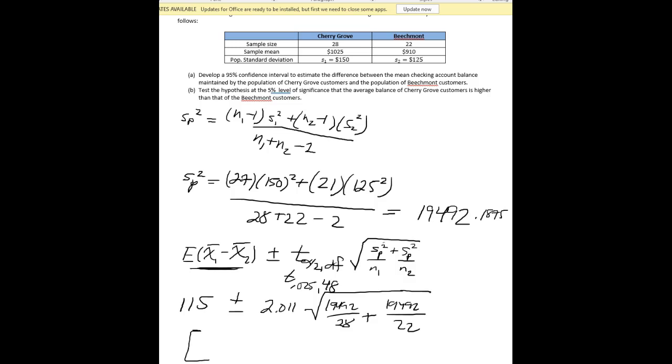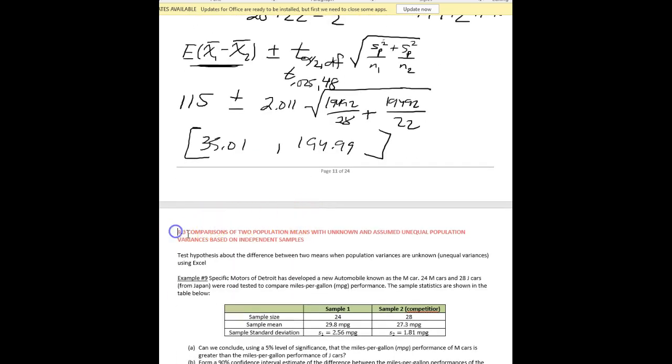Like I said, we don't have enough time in the video for me to run through all of the itty bitty calculation, but this whole thing is going to be 115 plus or minus 79.99. So ultimately it shakes out to 35.01 comma 194.99. So that is the confidence interval portion of this whole thing.